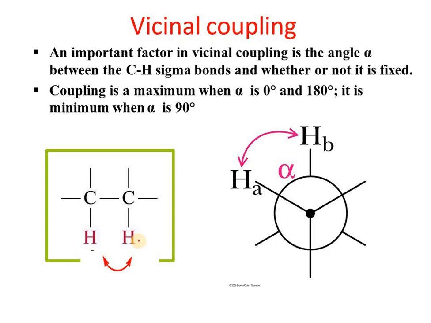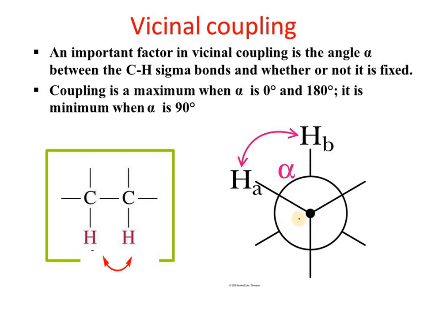If we view them like this, two carbons one after another, these two protons are the vicinal protons, and the angle between these two protons, alpha, is not fixed because single bond rotation is possible.